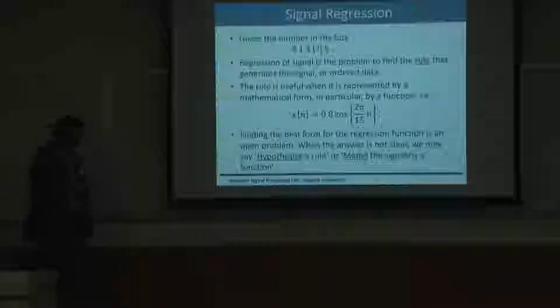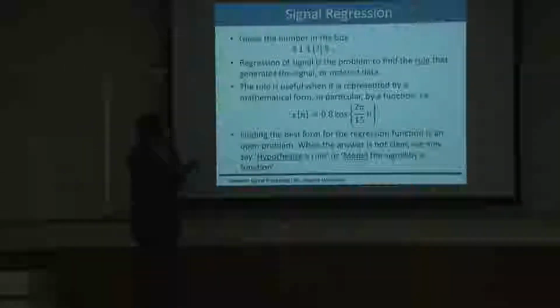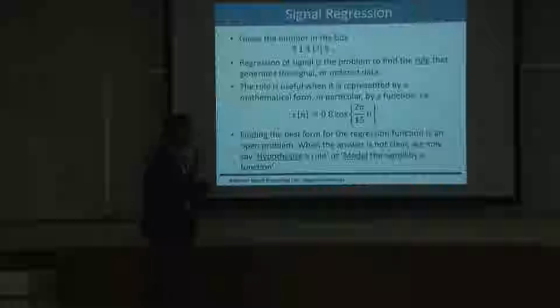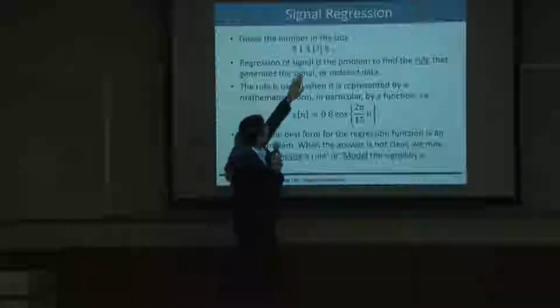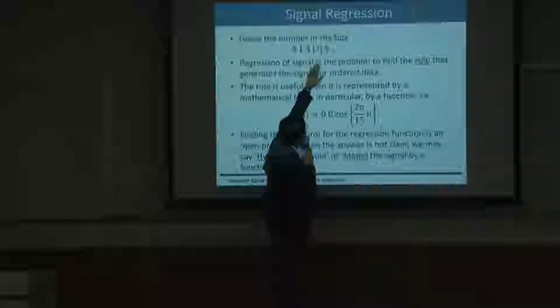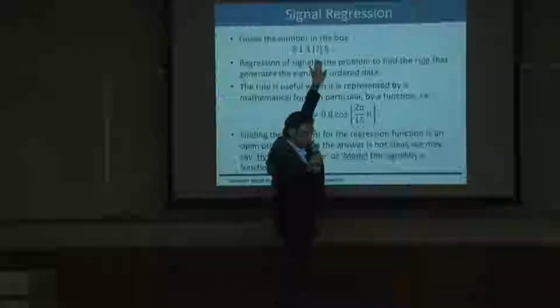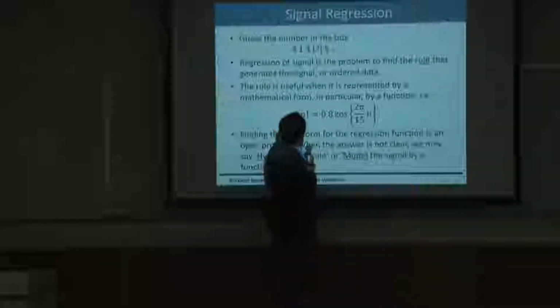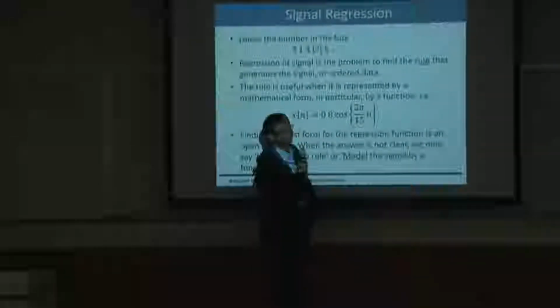Okay. So what is signal regression? That is very simple. You can guess the hidden number like this. You get a sequence of numbers 3, 1, 4, something, 5. Then what do you suppose this is? Yes, right. Because, yeah, this is pi.